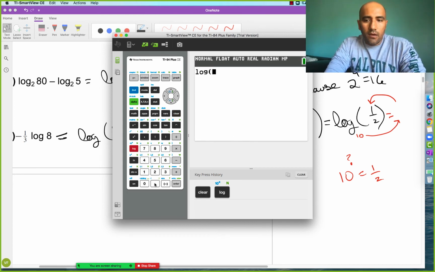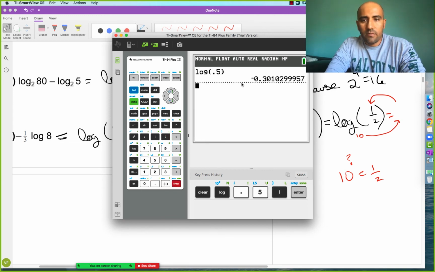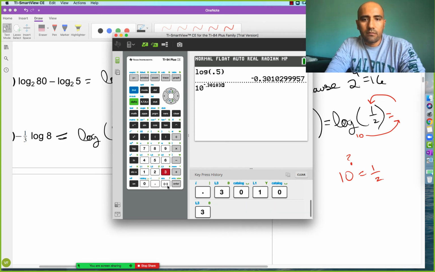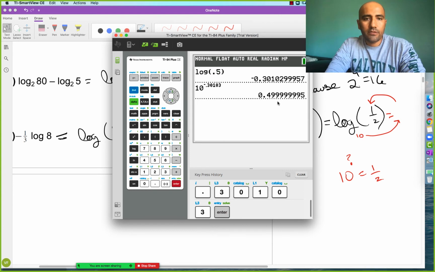So log of 0.5 equals this decimal, negative 0.3010, let's just approximate it to 0.3. And that works because that must mean that 10 raised to the power of that decimal is pretty close to 1/2. Good. Any questions?